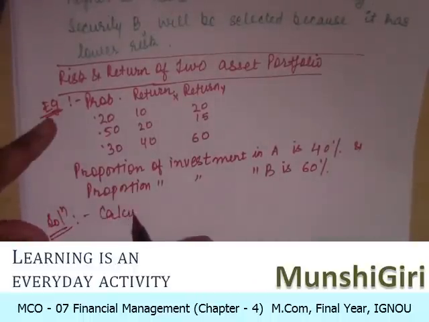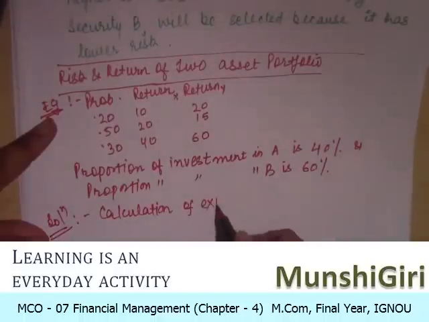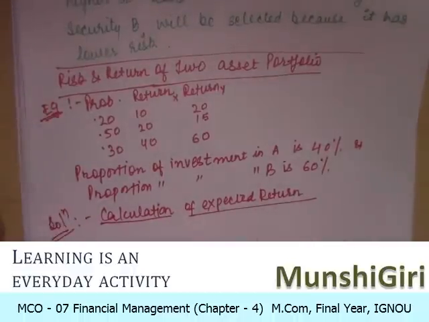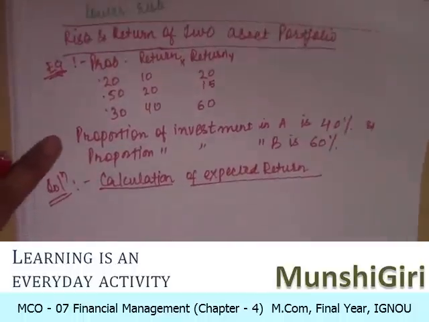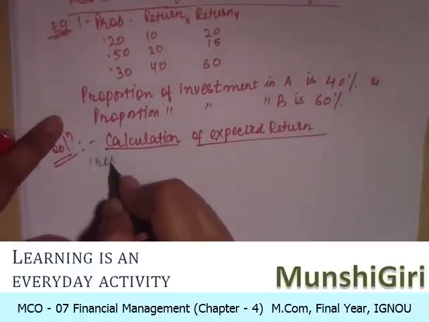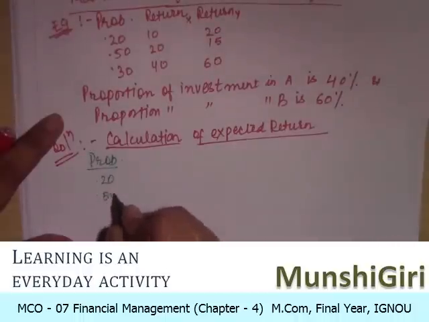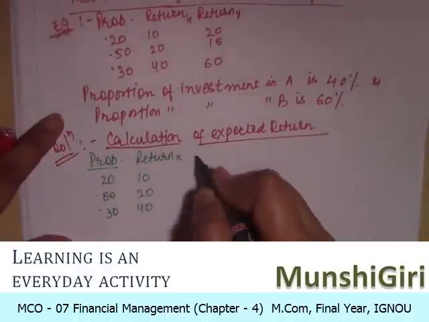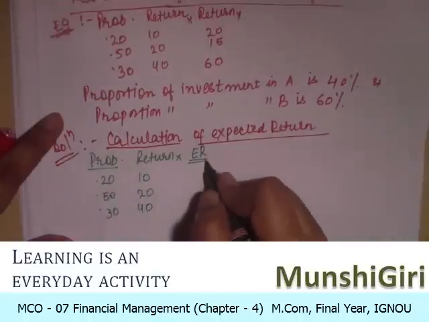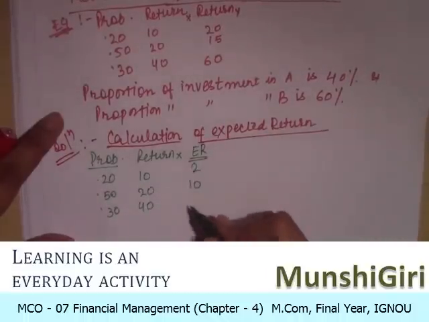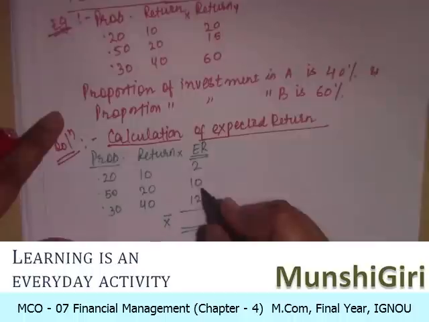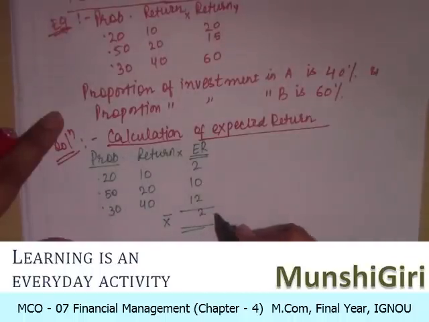Step 1 is the calculation of expected return. All you have to do is multiply each return with its probability. With probabilities 0.2, 0.5, 0.3 and returns on X of 10, 20, 40, the products are 2, 10 and 12, so X bar is 24.